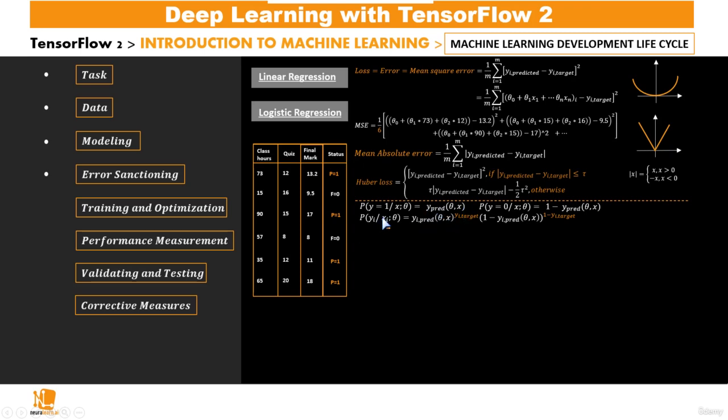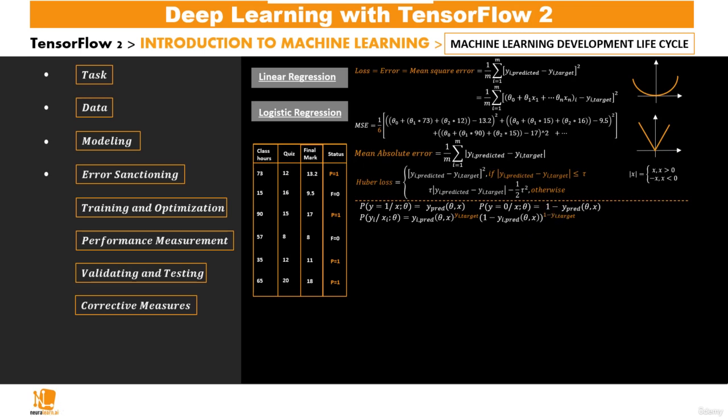Now when y_i equals 0, so when we have a target of 0, we have y_i pred to the power of 0, which is 1, and we're left with 1 minus y_i pred to the power of 1. So we have this.